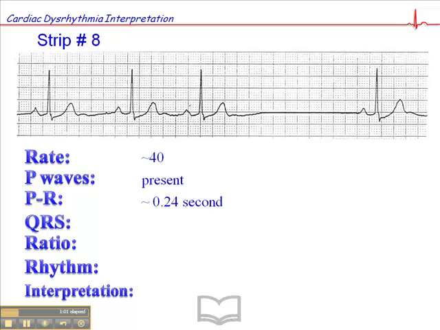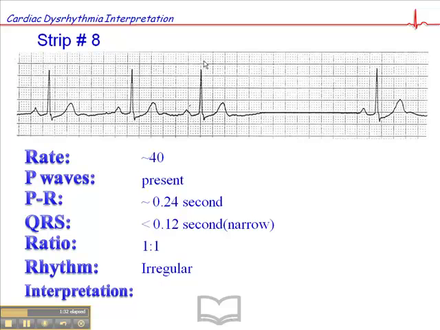So we've got that problem. The QRS is narrow. It's 0.12 second. The ratio is 1:1. The rhythm is irregular because the rhythm between here and here is irregular, and then we have this pause here. When you see some semblance of sinus rhythm followed by a pause, to be called a sinus arrest or sinus pause, there has to be at least 2 beats missing.